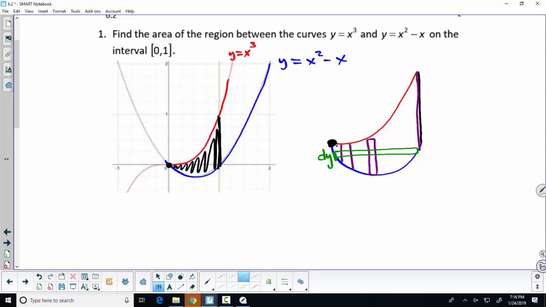Solving this quadratic for x is not difficult, and solving this for x is not difficult either. It's really just a little bit more work if you want to do that. So I hope it's intuitive to use our rectangles running top to bottom. So what does our setup for this area look like then?